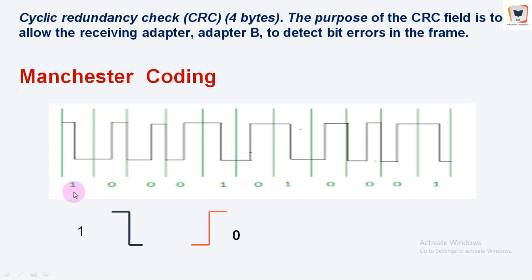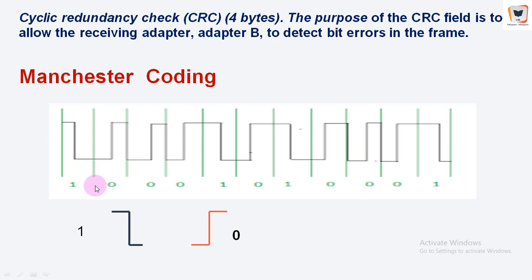For example, if this is the bit stream 100010100001, and had it been binary encoding, the entire length from here till here would have been at the lower energy, and if it were all ones, it would once again be at a higher energy level, and there will be a monotony. And synchronization becomes tough.